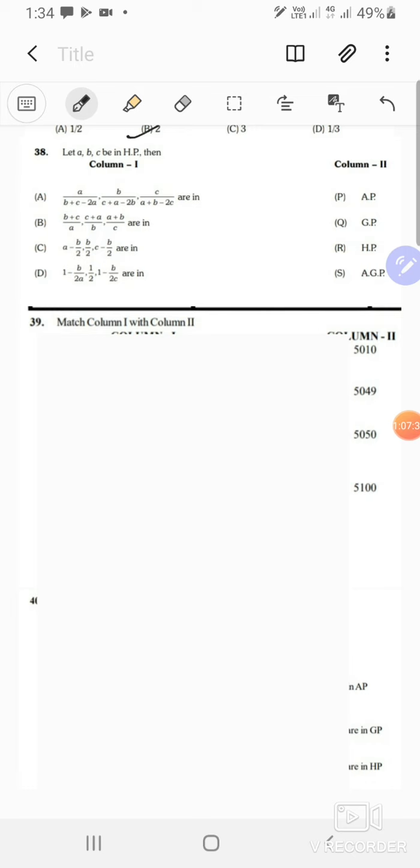That's going to be 1 upon a, this thing is an HP, and then b plus c upon a are in, well, I guess this is an AP, and then a minus, oh, that we already did once. We know this is supposed to be a GP. This is just one of the questions which we solved.